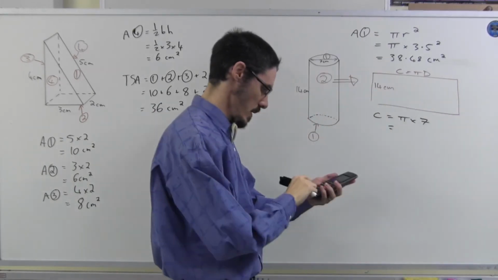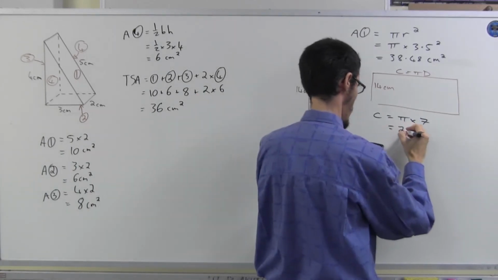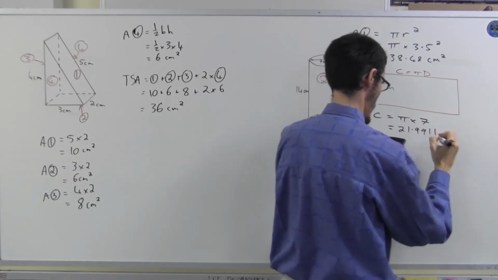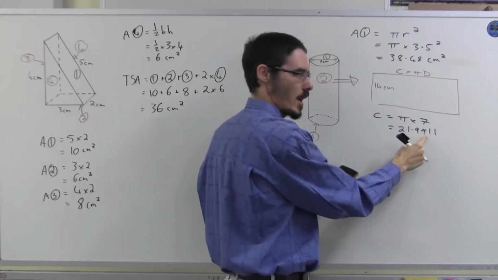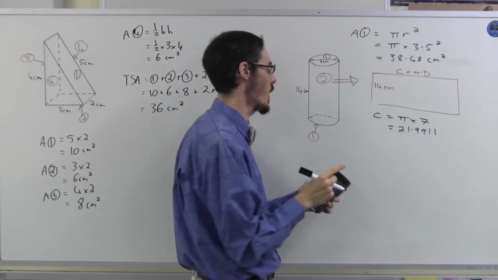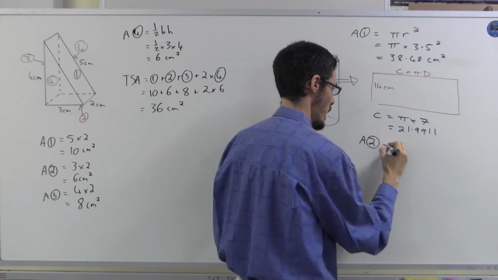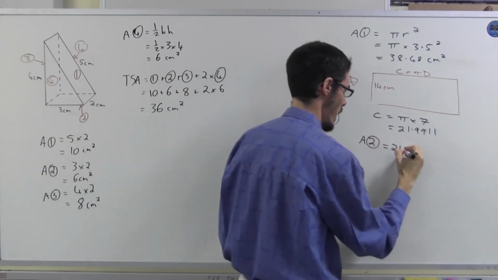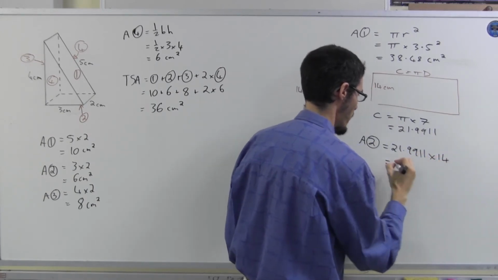Okay, pi times 7, 21.9911. I've got a lot of digits here. I'm going to write a few, but I'm not going to round this off in my calculator because I'm just going to do the next multiplication straight away. What I want is area 2, which is this circumference times 14, 21.9911 times 14.